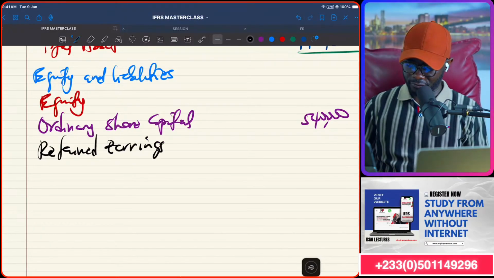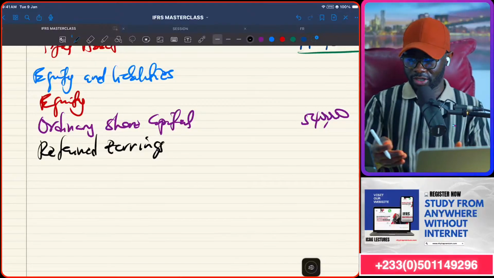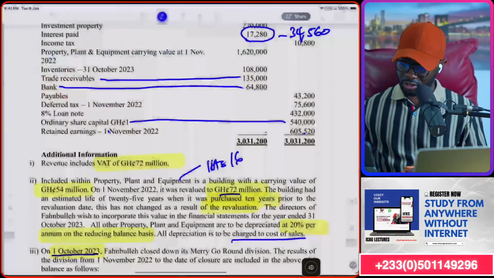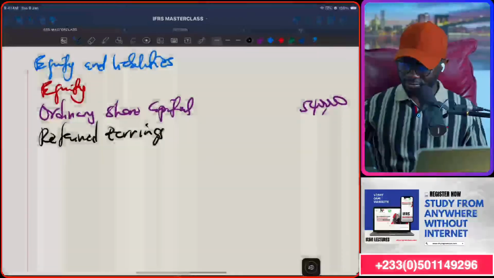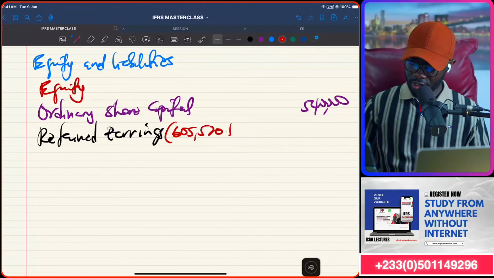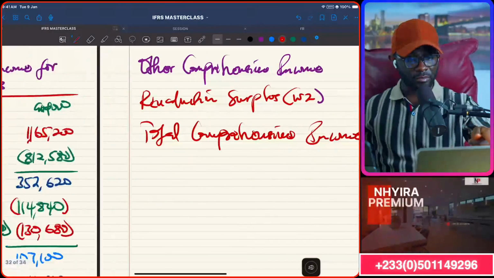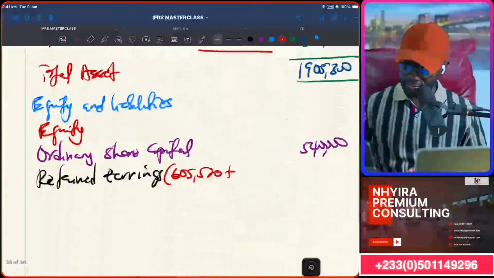Remember, the profit for the year must come into the retained earnings, so we can do it actually on the face of the financial statement. The opening figure is 605,520. We add the profit for the year from the P&L account, 4,500 to that.